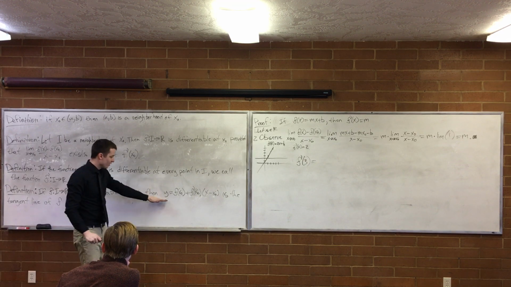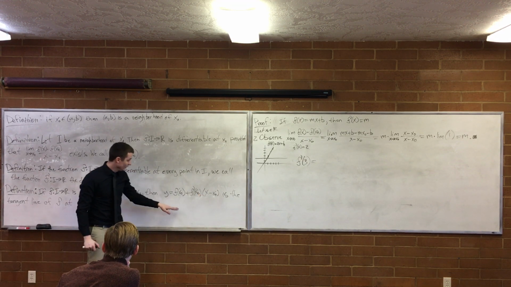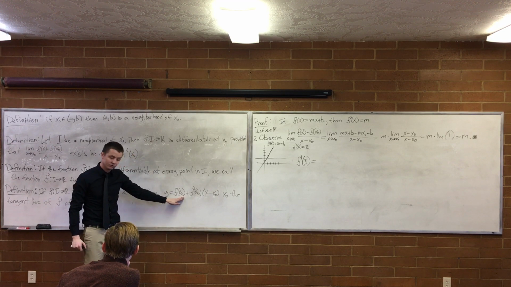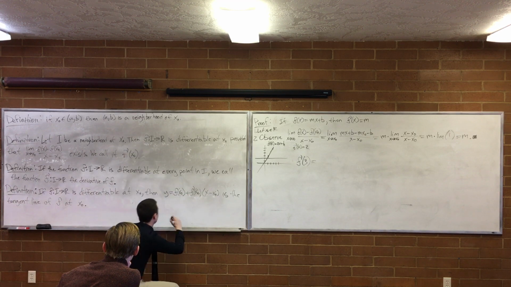We said the tangent line at a point x naught is the line y equals f of x naught plus m times x minus x naught, where m is the slope. Remember, this was rewriting this function.